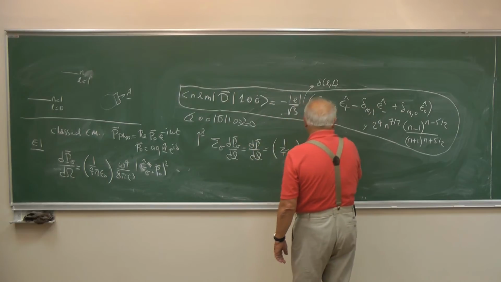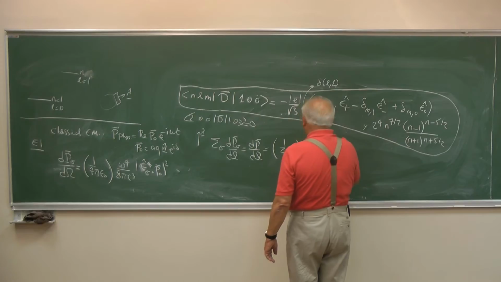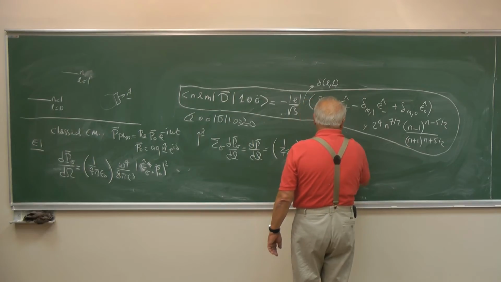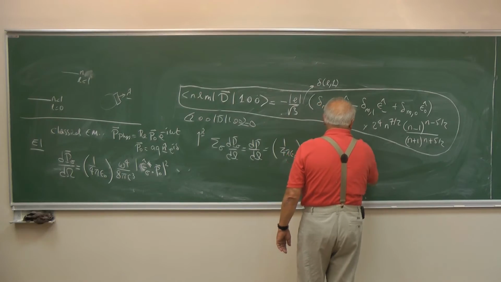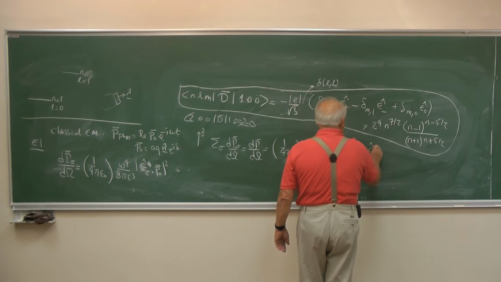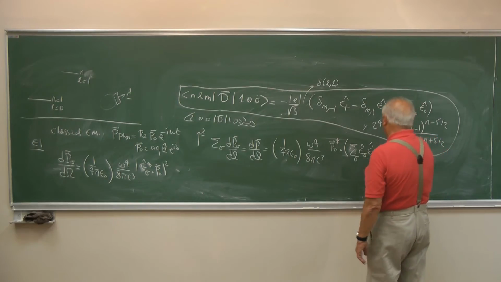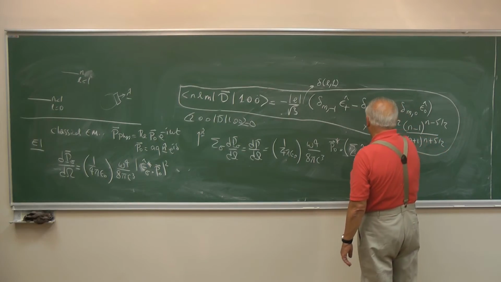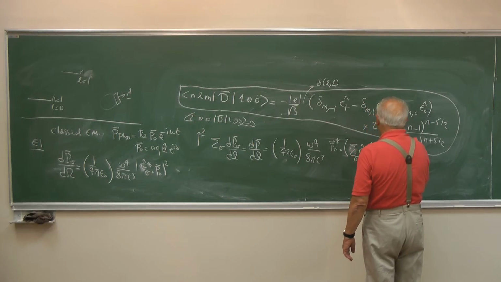Then I will write it like this: P0 complex conjugate dot the sum over sigma of epsilon sigma epsilon sigma star, there is no dot here, I'm writing a dyadic, dot P0.